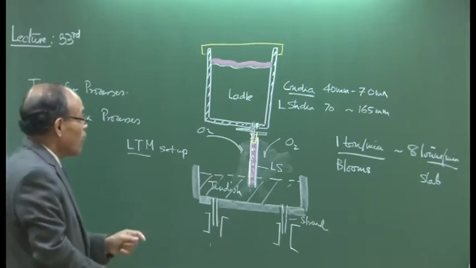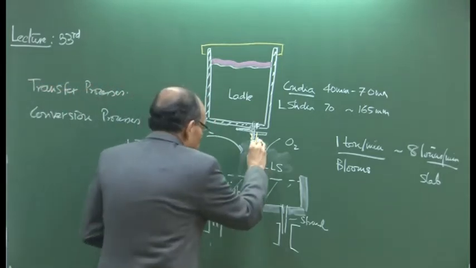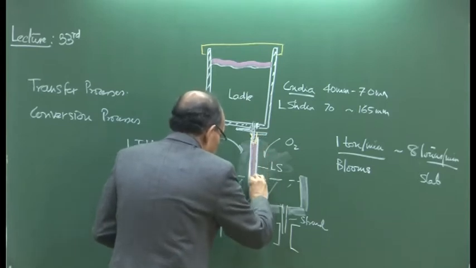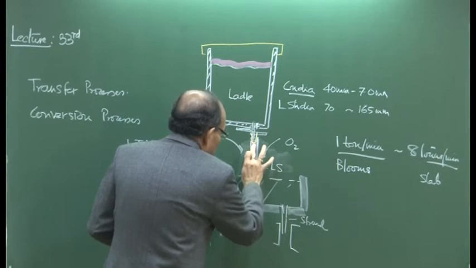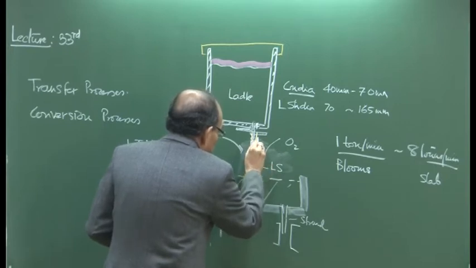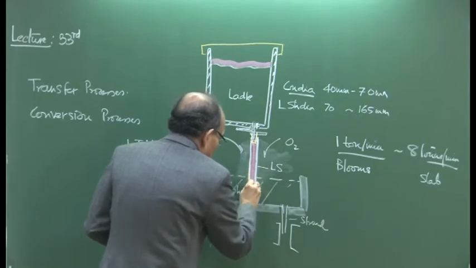On the other hand, if you consider this, we can see that molten metal can come something like this. That is the kind of scenario.